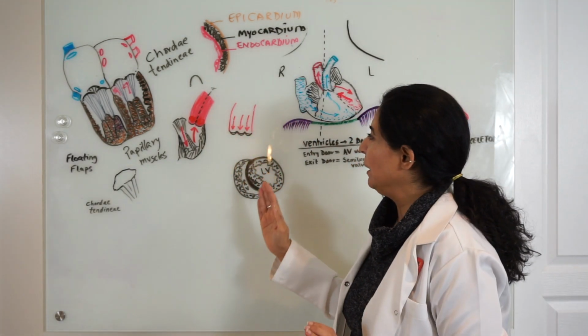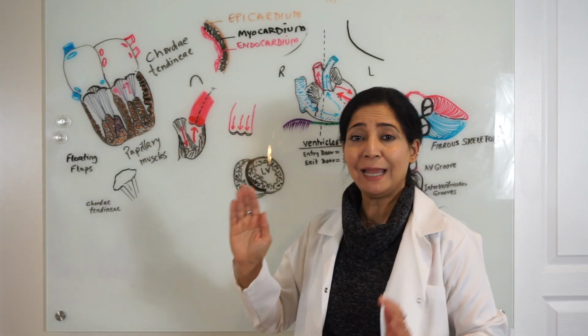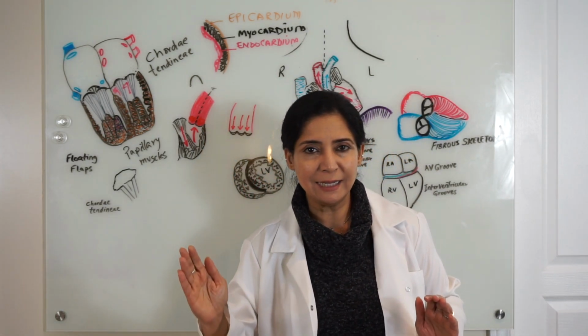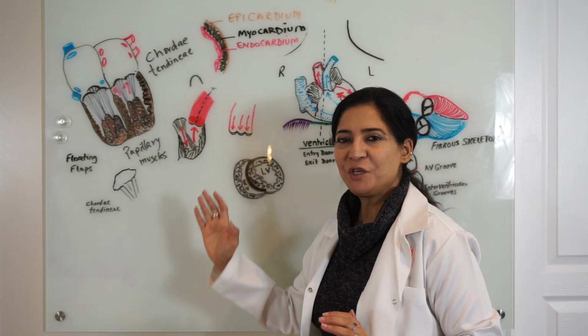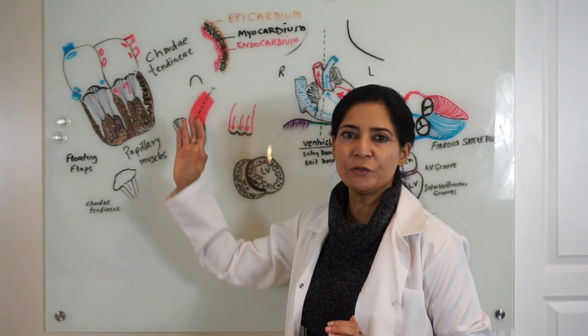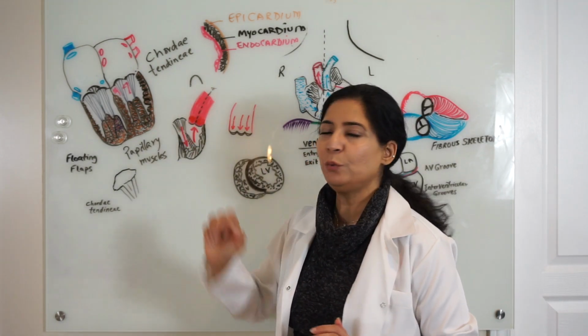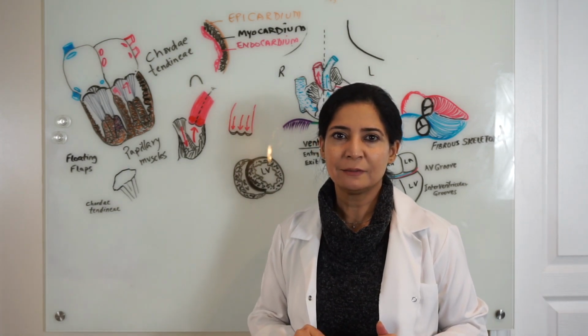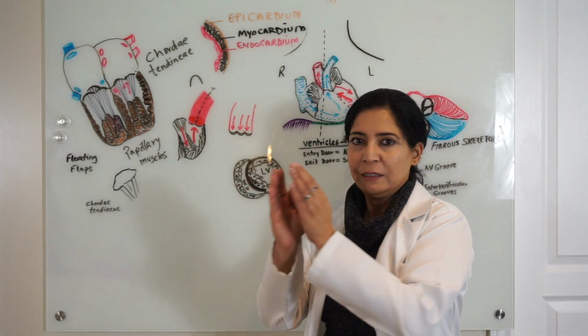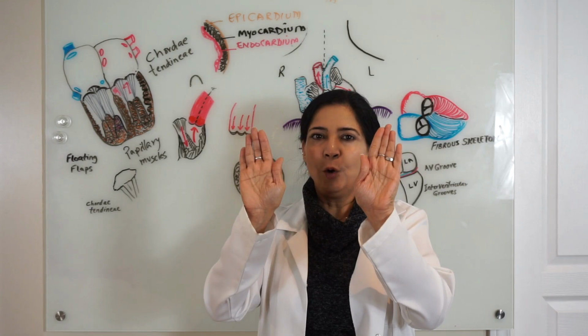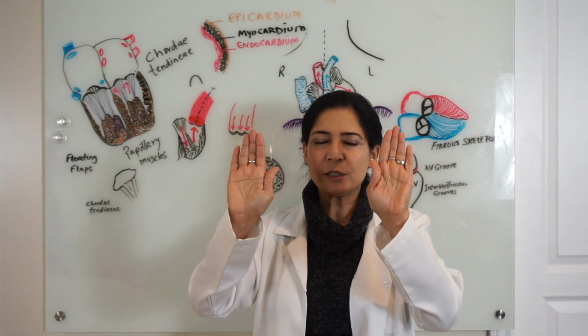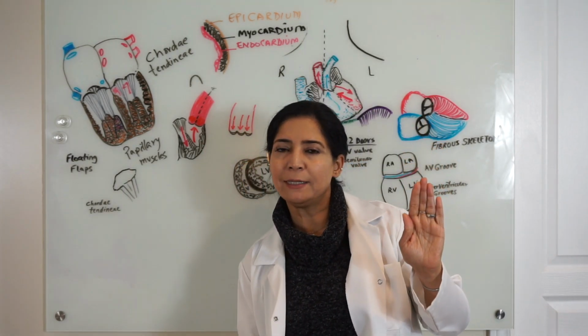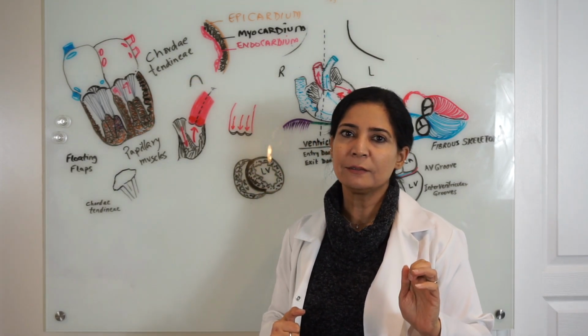So what happens when the blood gushes at the beginning of the systole? When the blood gushes out of the left ventricle, it is getting into the aorta. These flaps are open, the exit door is wide open, and the blood is gushing into the aorta.